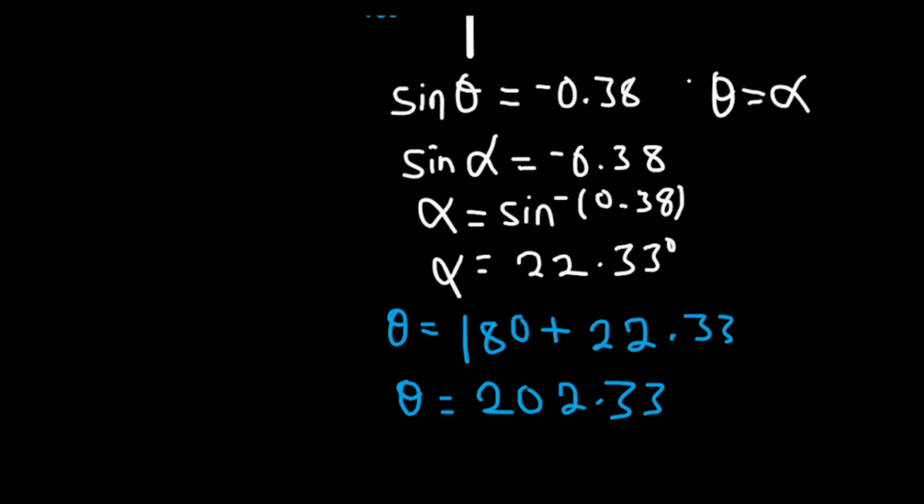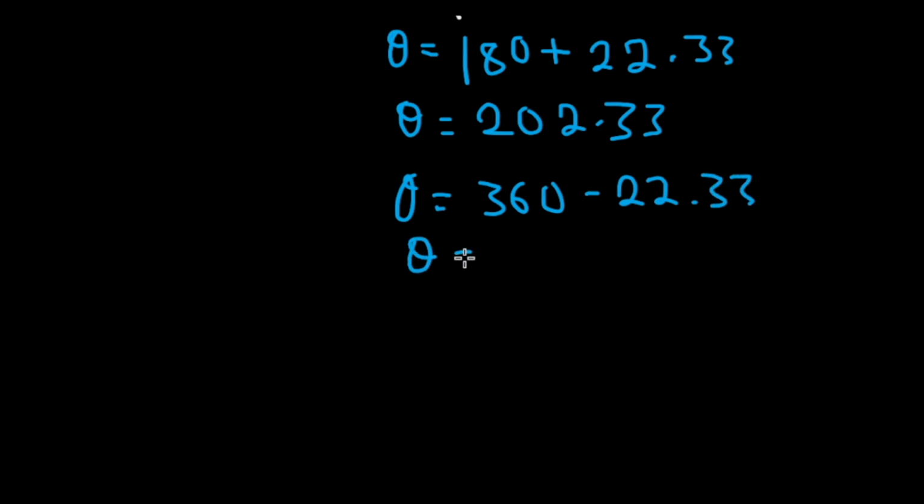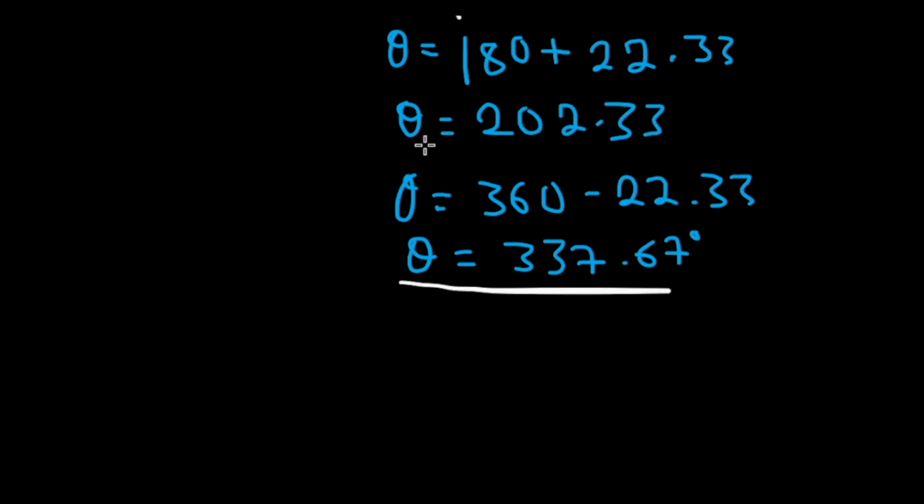Another value is once we subtract from 360. So we're going to have 360 minus 22.33, so our value of theta is equal to 337.67 degrees. Therefore, our answers for theta are just this one and that one.